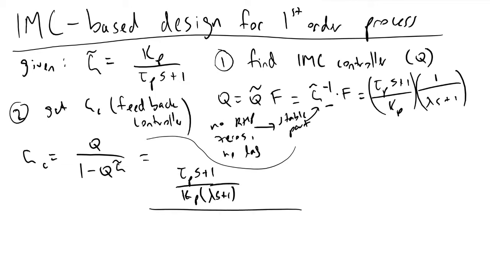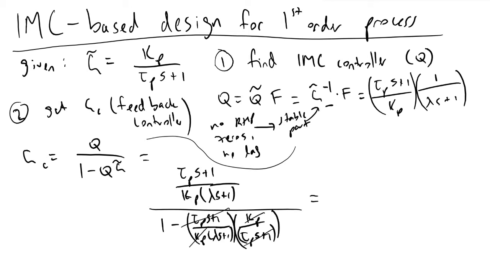And we're going to divide this by 1 minus tau p s plus 1 over Kp times lambda s plus 1. And we're going to multiply this by G tilde, which we have been given, which was Kp over tau p s plus 1. And what we'll note here, which makes things nice, is we can cancel these terms out. The Kp's cancel.